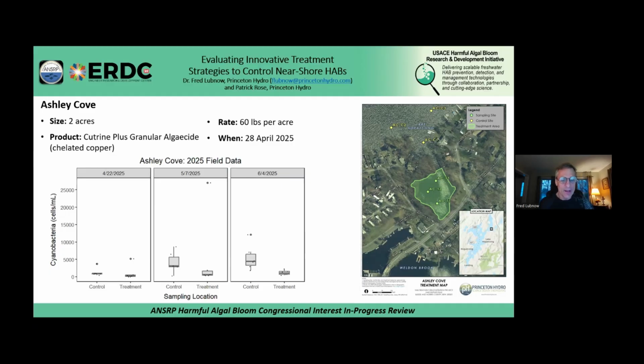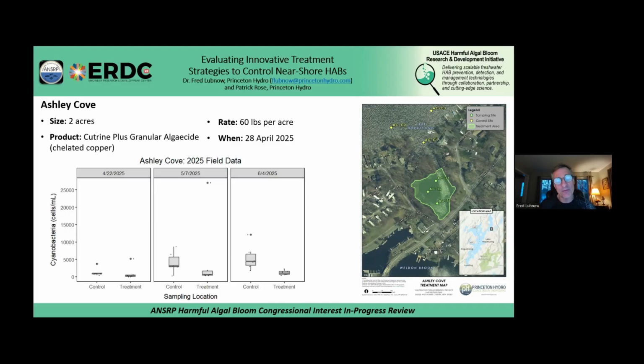The shaded line is the median level. Before the treatment was done, that's April 22nd. After the treatment was completed, you can see May and June. If you look at the cell counts in those box plots, you can see that in the treatment area, not surprisingly, there is a decline in the cyanobacteria, which is what you would expect.